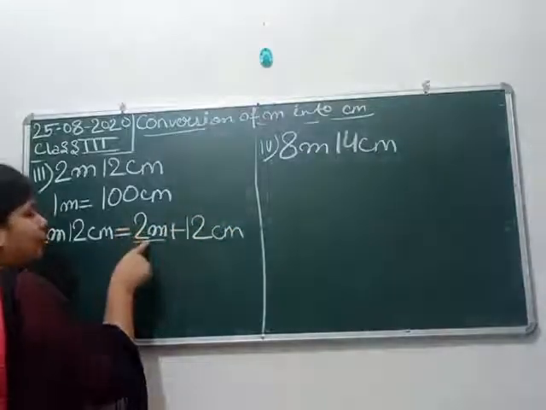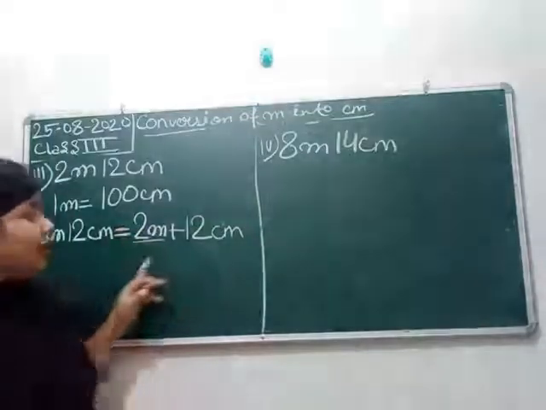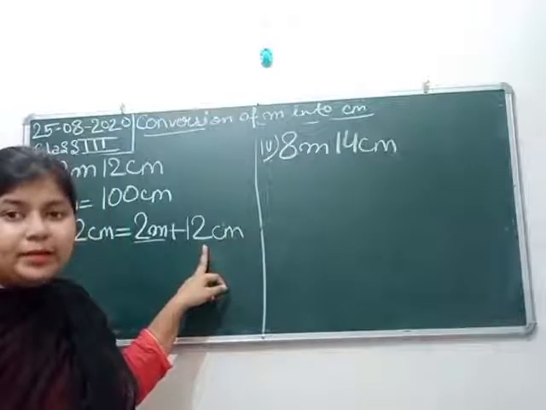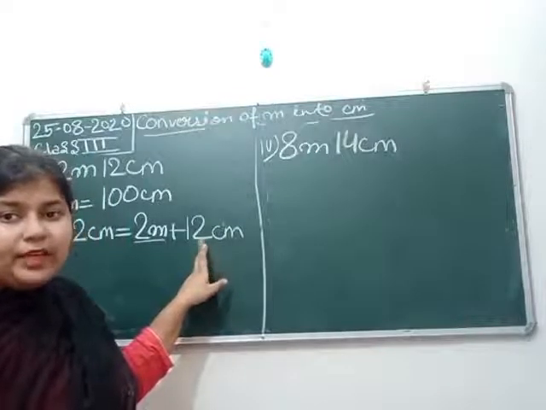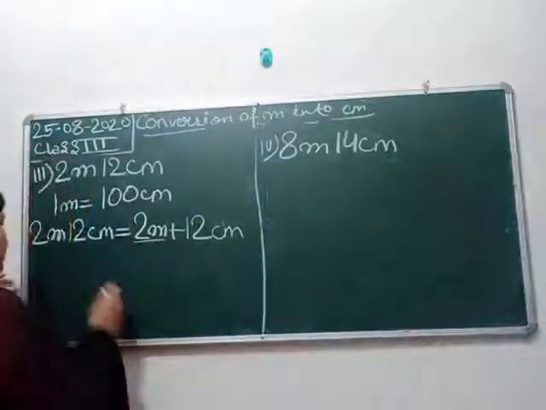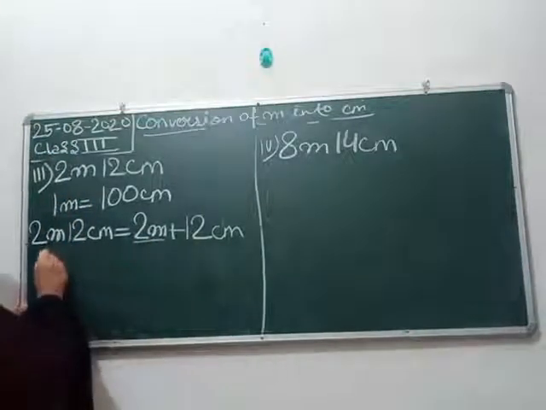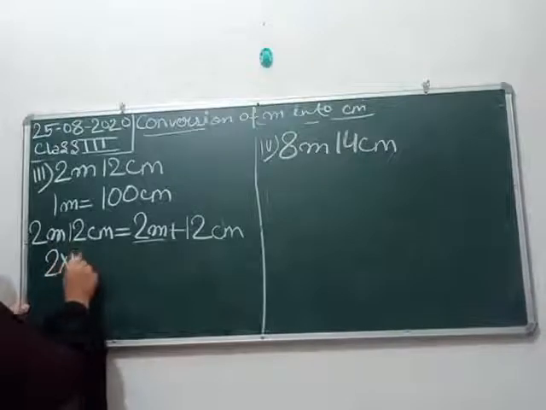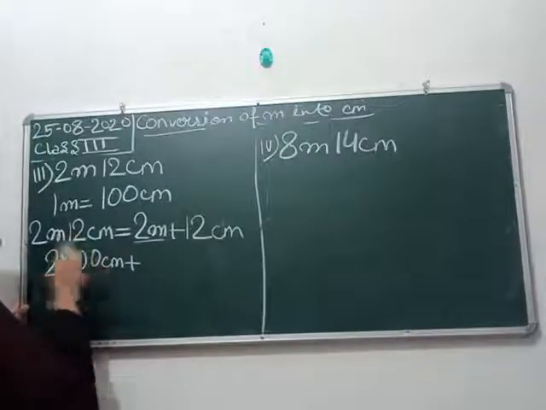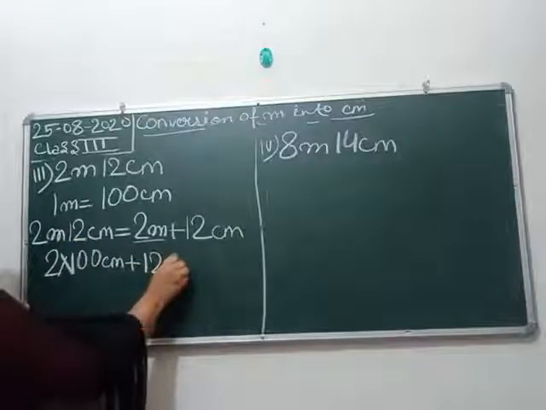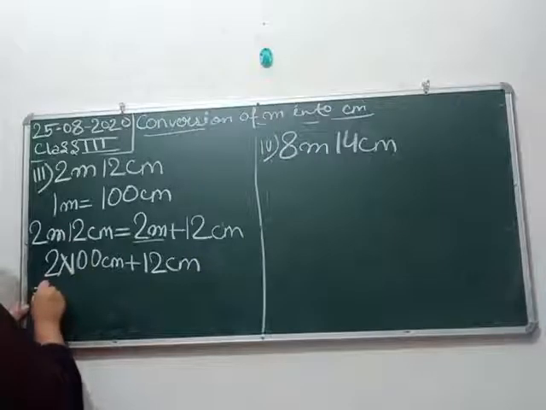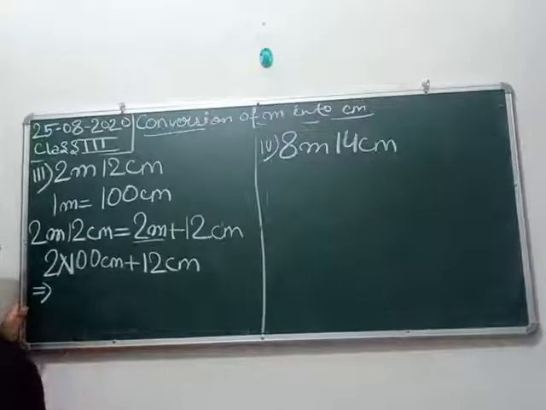Now here, 12 centimeter, this number is already given in centimeter. We have to convert only this meter part. How will we convert? By multiplying 100. Now 2 into 100 centimeter plus 12 centimeter.